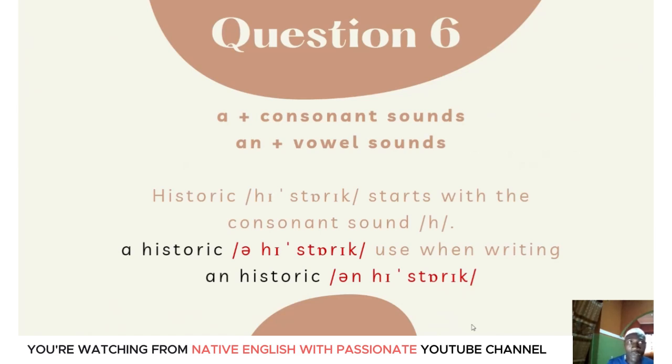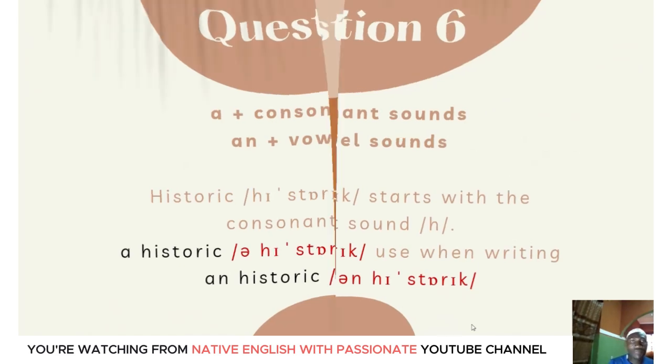But when you have a vowel, you use the determiner an, like an egg, a boy. Historic starts with the consonant H. A historic is commonly used when writing, while an historic is used, as I've mentioned earlier, when you drop the sound H.